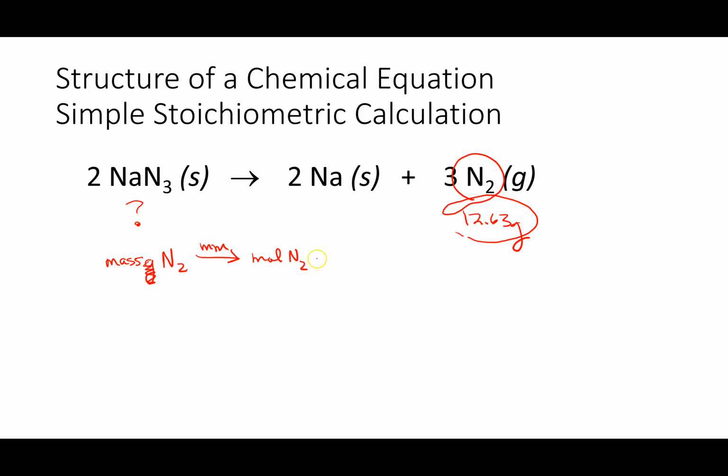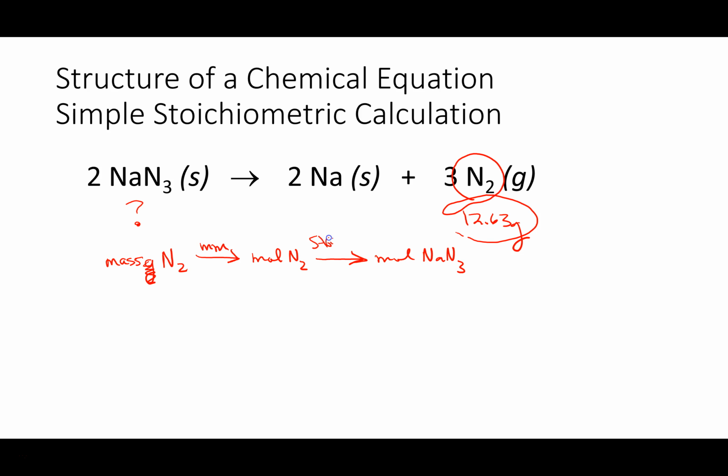Then we're going to go from moles of N2 to the moles of the NaN3. And how do we do that? Not the molar mass. The stoichiometric ratio. Yep, this is the stoich ratio right here.